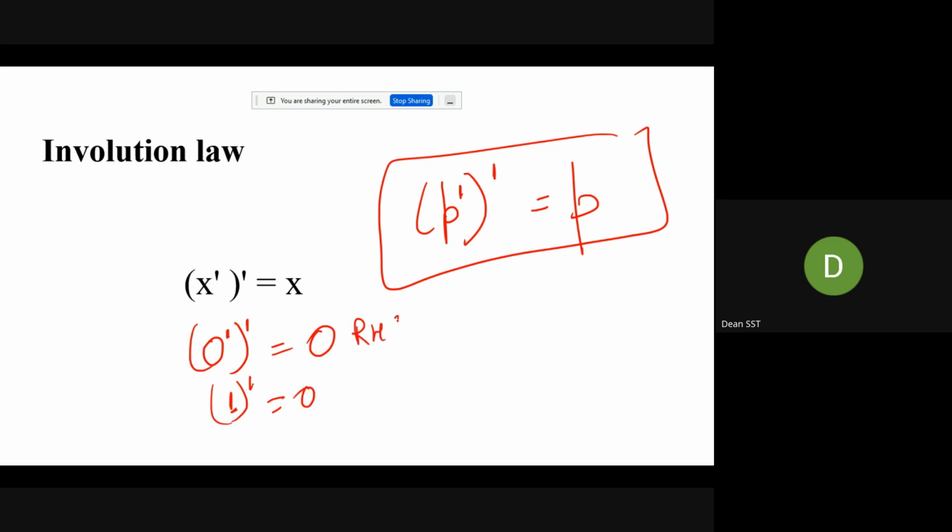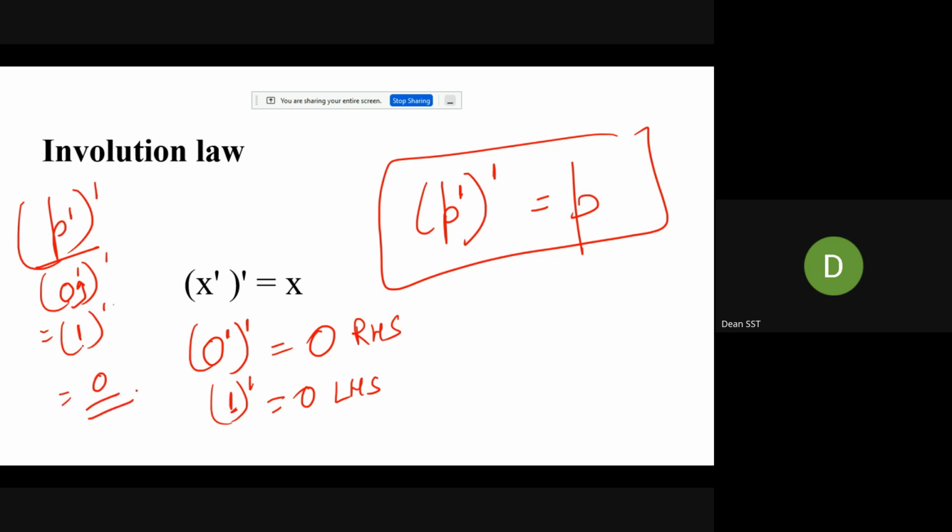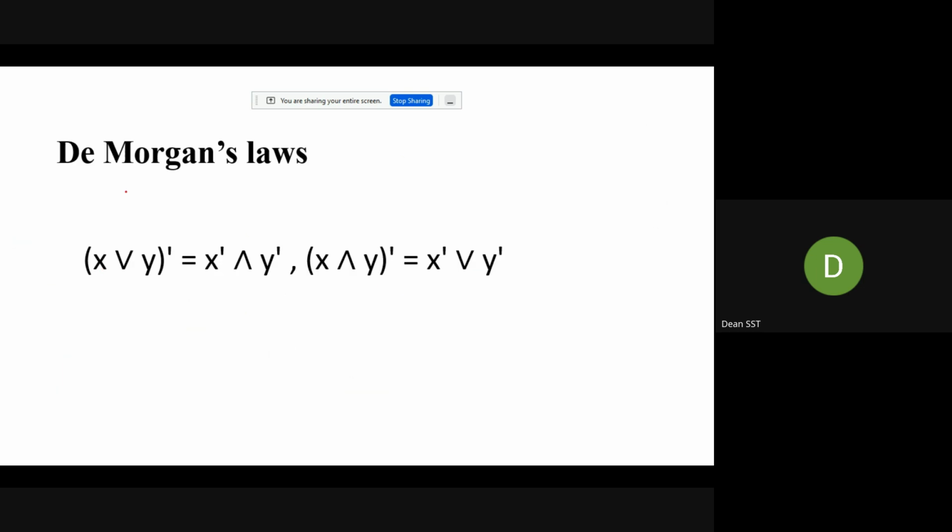So right hand side was 0, left hand side is 0. Fine. Is it clear, class? P, P's complement. P is 0, so 0's complement is 1, 1's complement is 0. Answer is 0. Fine. Involution law.